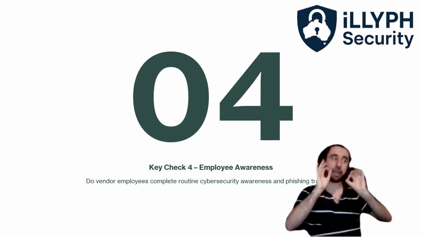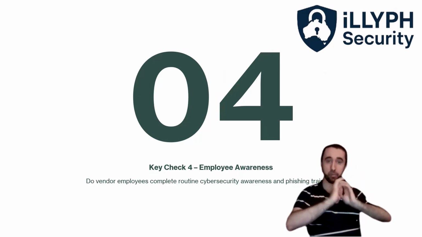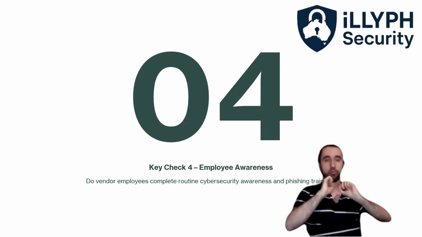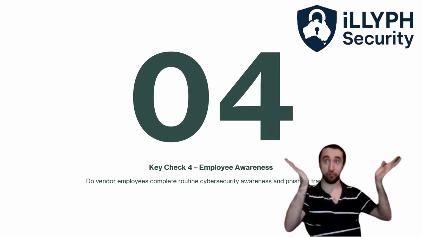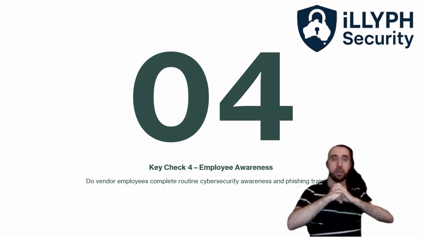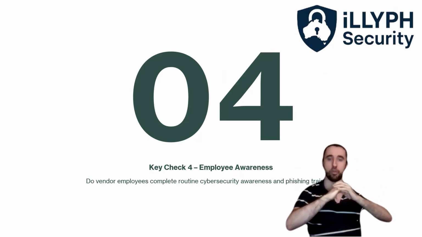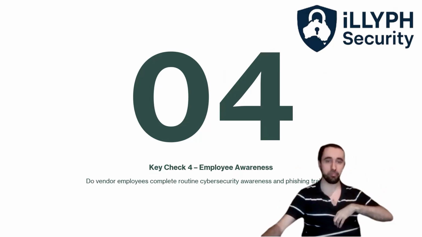A vendor can have strong tools in place, but if the employees do not understand the risks, those tools can still fail regardless. Security awareness helps turn people into part of the defense.